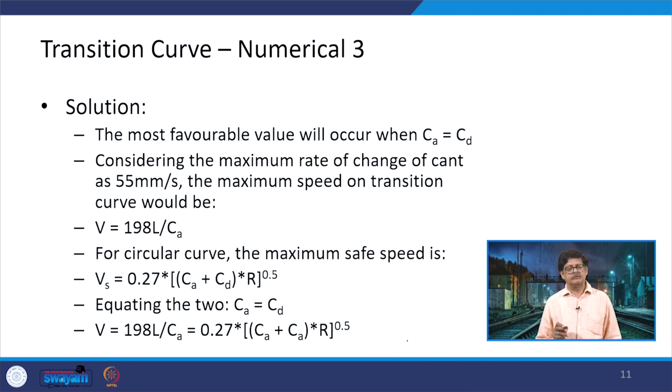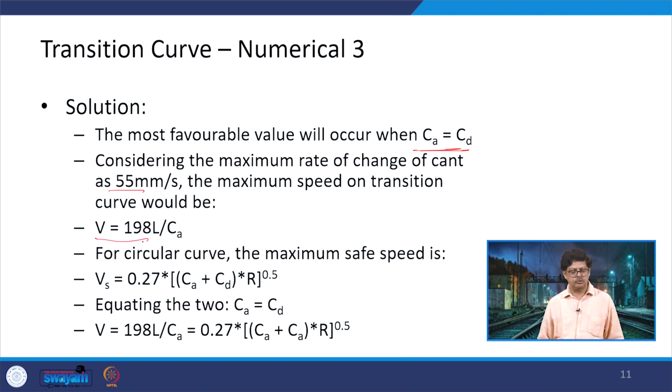So, we discussed that we have to adjust the cants. The most favorable condition which can give you the speeds on the circular curve or the straight sections and this transition curve is if you go with CA equals CD. If we consider this and we consider the maximum rate of change of cant as 55 mm per second, the maximum speed on the transition curve can be calculated.